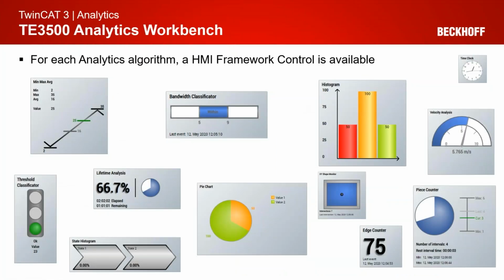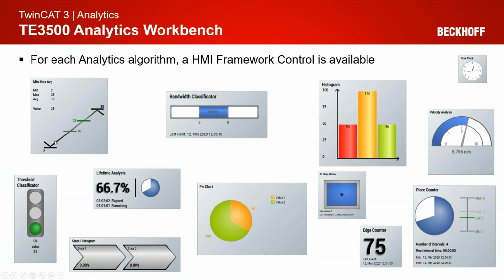But of course, to give you an idea about the complete workflow, not only the PLC code generation is important, the dashboard generation is also important. And for the dashboard generation, we need some standard HMI framework controls for our algorithms. So we provide such a standard control for each algorithm, and these controls provide different information and also animations.